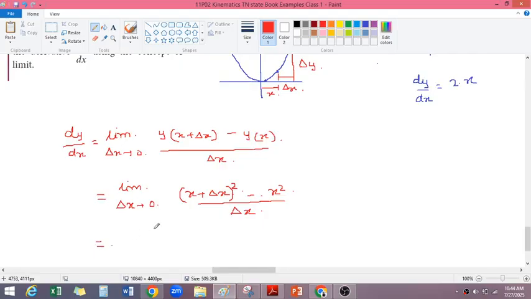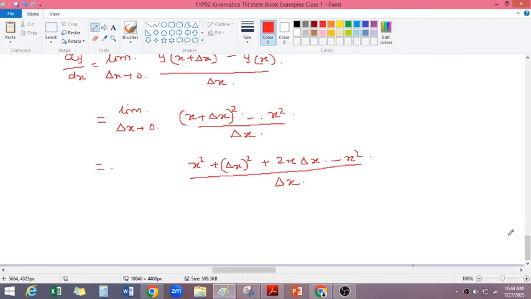So simplify this and we will get the answer. Simplifying, we get x square plus delta x the whole square plus 2x delta x minus x square. X squared cancels, so what is left is only this term. I can take delta x common out on the top, so I will get delta x plus 2x divided by delta x.